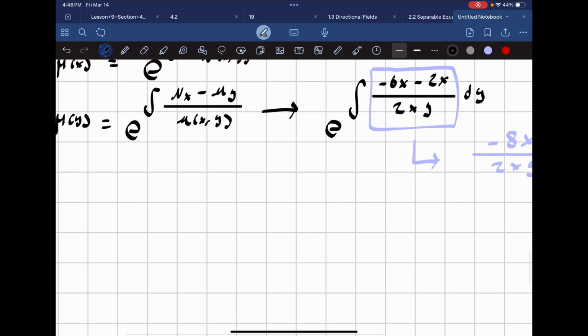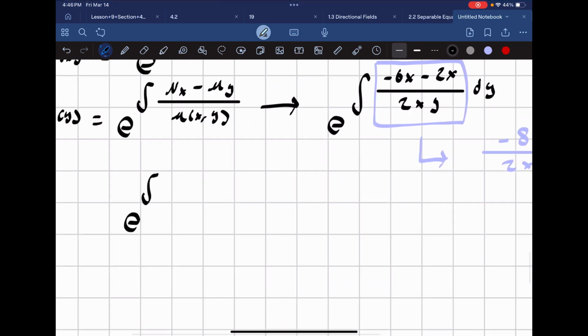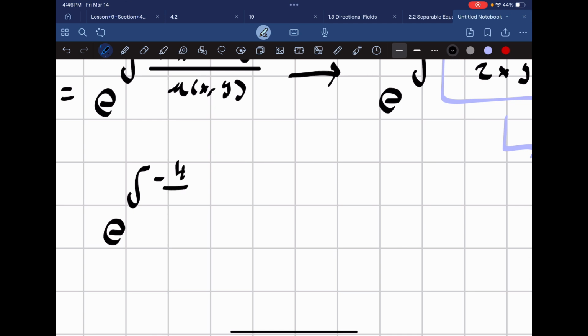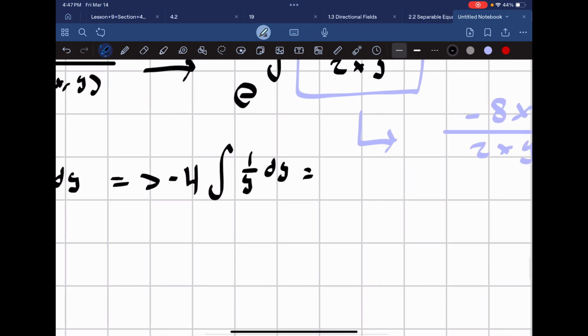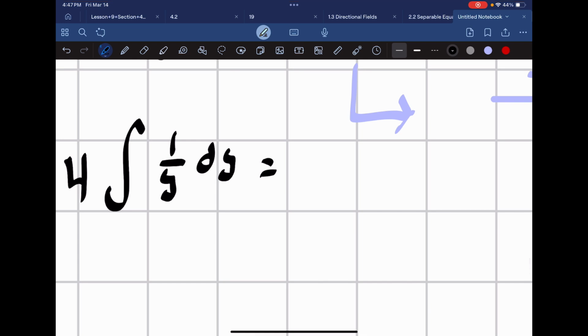So we have e to the integral of negative 4 over y dy. We could say that this is a constant, so it goes outside the integral: negative 4 times the integral of 1 over y dy. That is an elementary integral, and it just equals natural log.